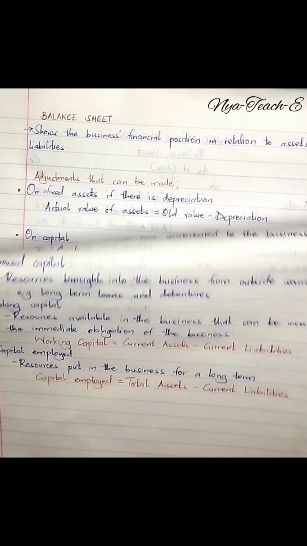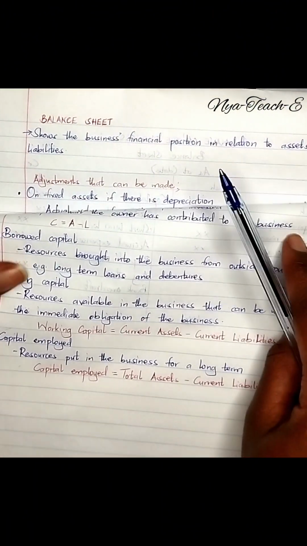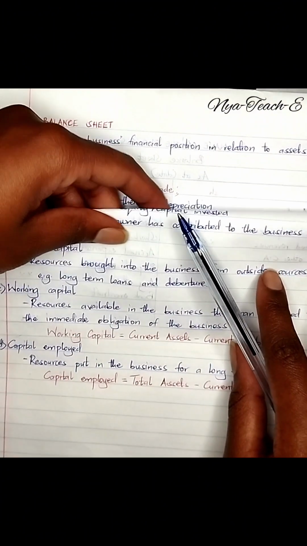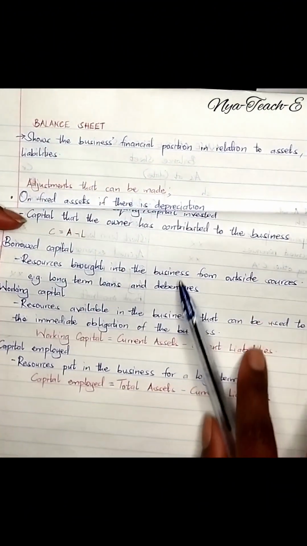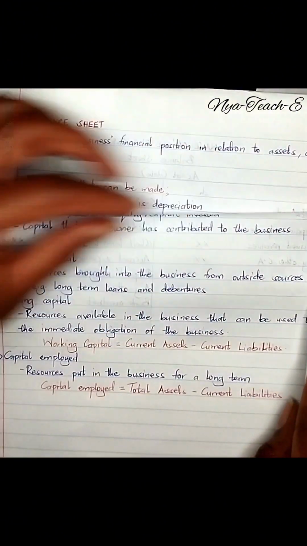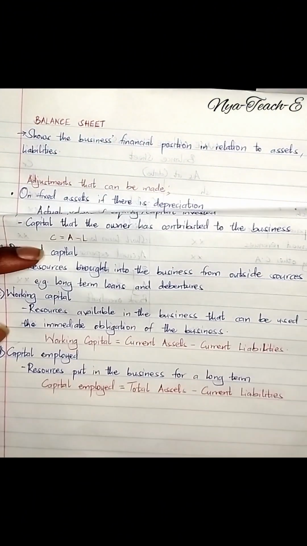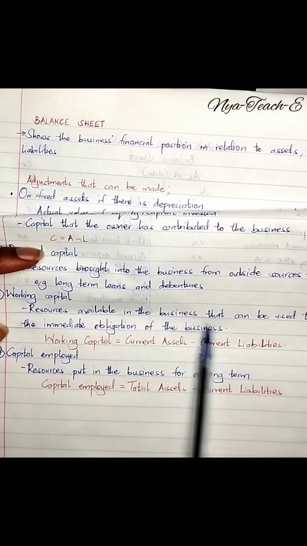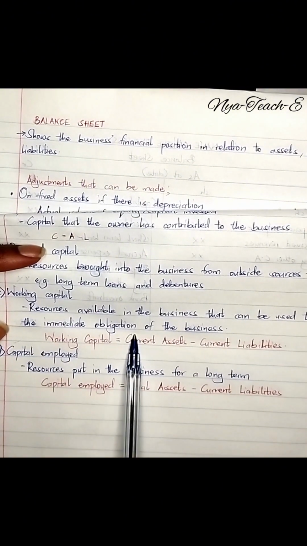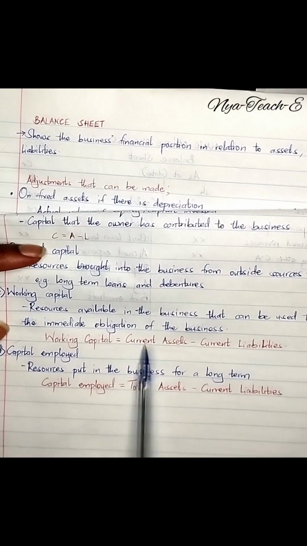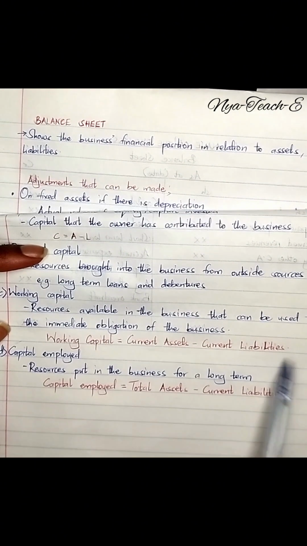And we are saying a good example of borrowed capital is long-term loans and debentures, which we will also look at as we continue learning or revising. Number 3, working capital, resources available in the business that can be used to meet the immediate obligation of the business. And we get this by taking current assets minus current liabilities.